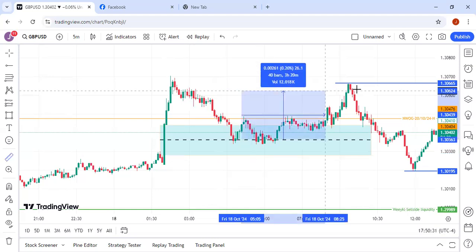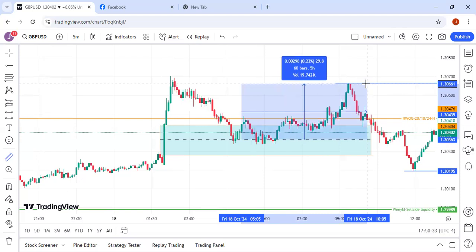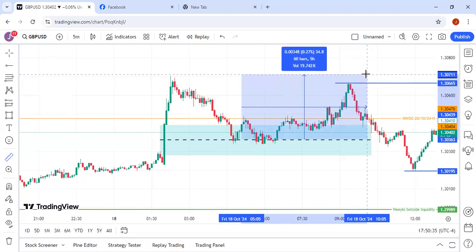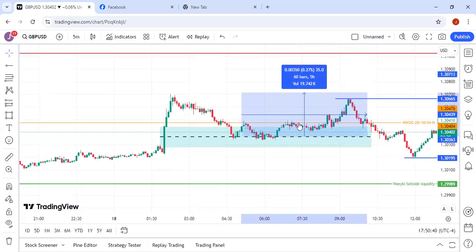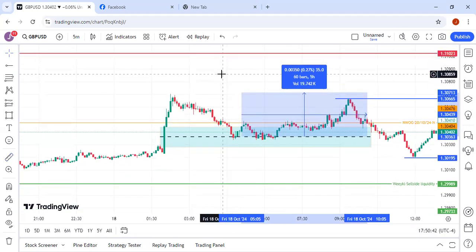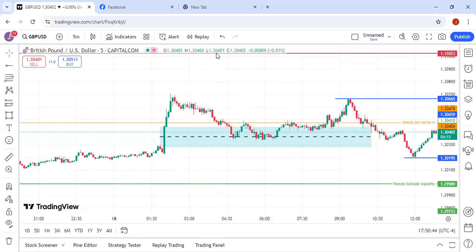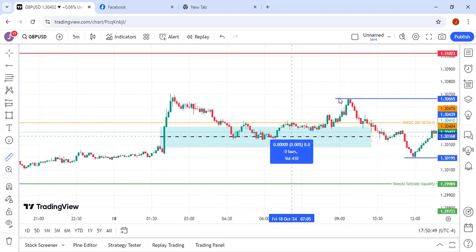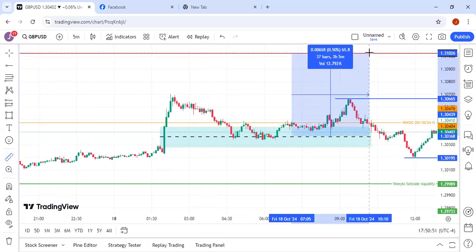I could have taken at least, this is 30 pips, but I know my take profit would be here, and then first take profit, and this line still was the target that day. If you remember, this particular red line was the target, which we could not reach. So I could have entered this trade.